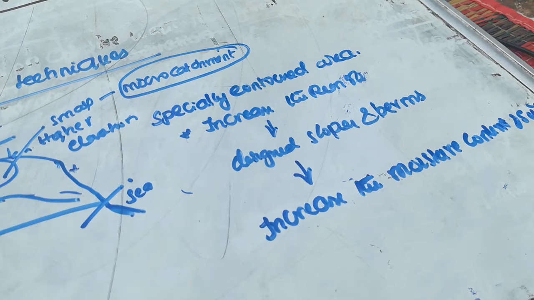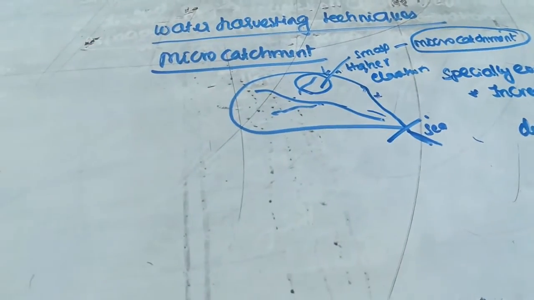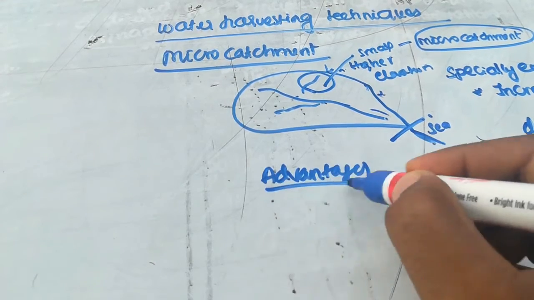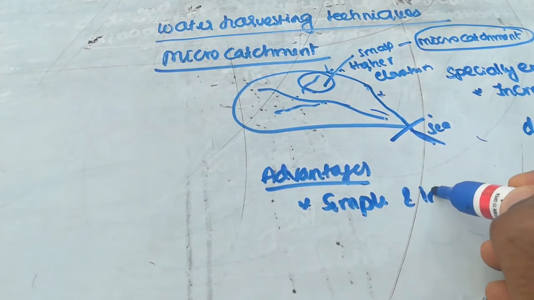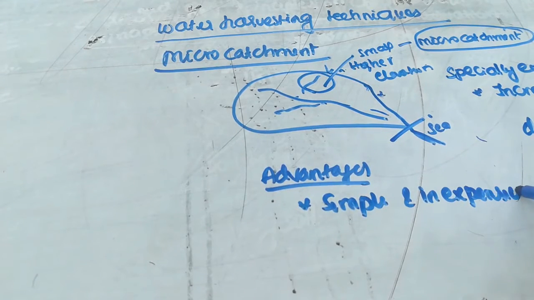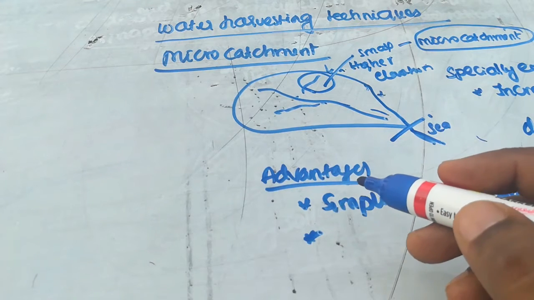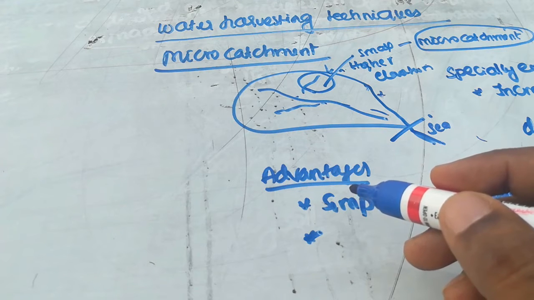What are the main advantages of this? It is simple and inexpensive. The runoff water has low salt content, and because it does not have to be transported or pumped, it is relatively inexpensive.